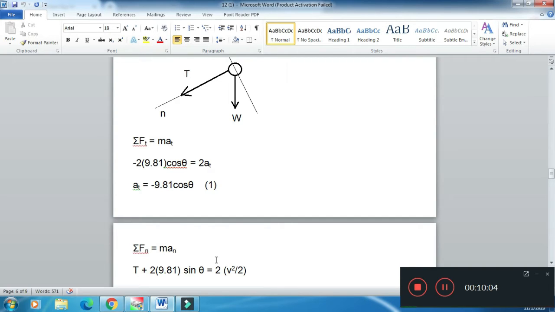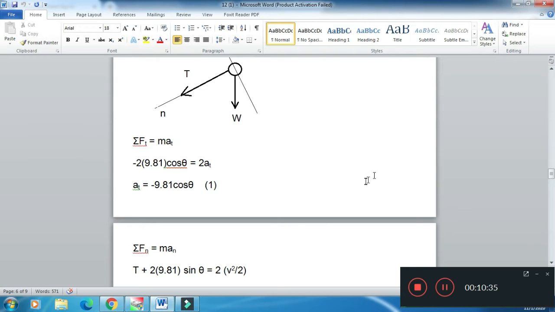The sum of all the forces is equal to mass into acceleration. The acceleration is normal acceleration, and from the basic formula the students know that normal acceleration is v square over rho. The normal acceleration is due to change in direction. So v square over 2, where 2 is the radius of curvature, or the length of the chord.